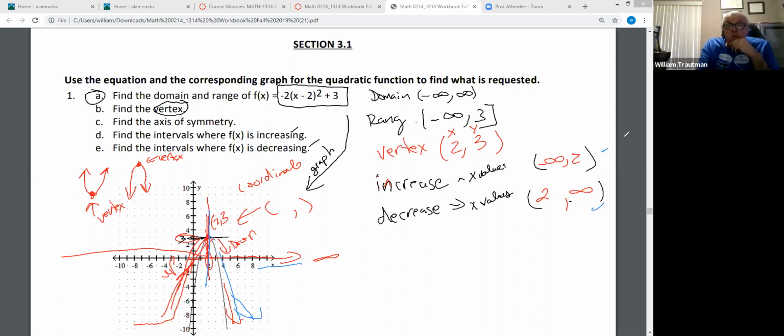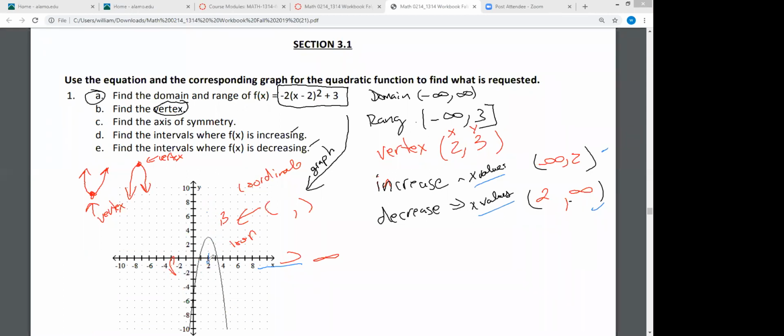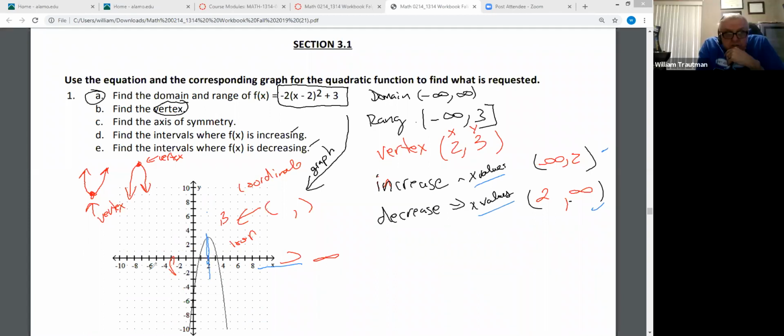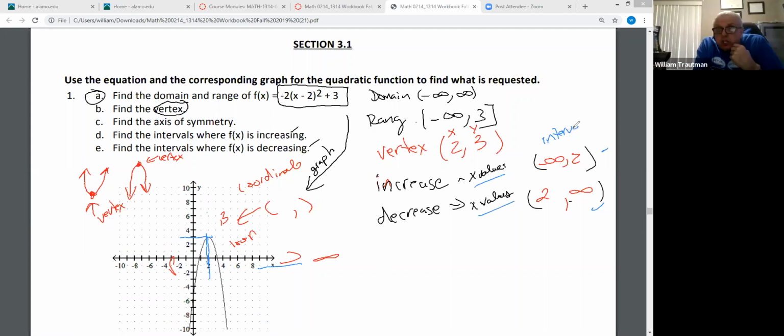Is it increasing to 2 or to 3? No, we're only looking at the X values. Do you see it stops increasing at X value 2? Do you see right here is the X value? Even though it goes up to 3, when we say an interval for increasing or decreasing, they want to know the X values that it's increasing.